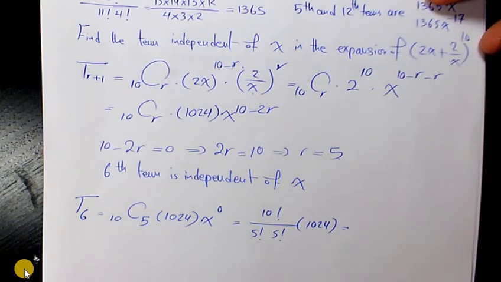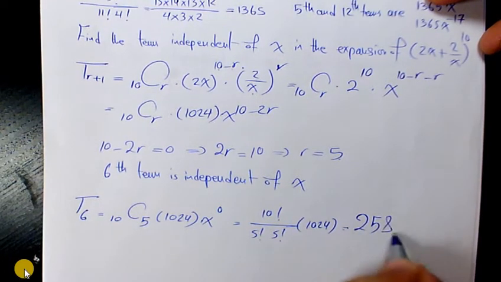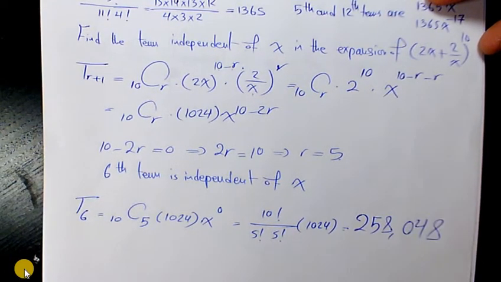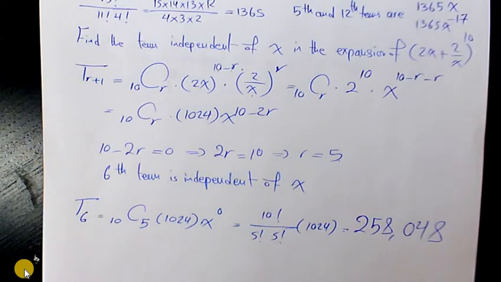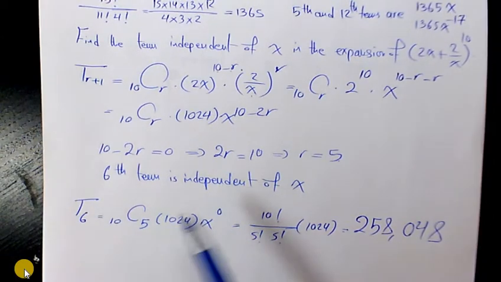So that's going to be 10 times 9 times 8 times 7 times 6, divided by 5, 4, 3, 2, times 1024. That's going to be 258,048. That's going to be the coefficient of this term, which is the sixth term.